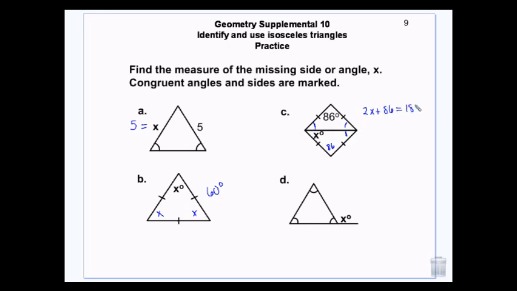So that's going to equal 180. So 2x is going to equal 94. So x is going to equal 47. Yeah, thank you, 47. And then D, these are all going to be 60, so x is going to be 120.